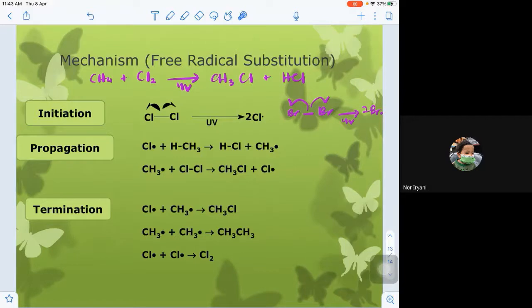We also have termination happening at that time. This process occurs throughout the time as long as the sample is in a container. It is not that it starts with this first, then stops all initiation and then propagation only. Not necessarily. The chlorine radical here can start the propagation reaction again.